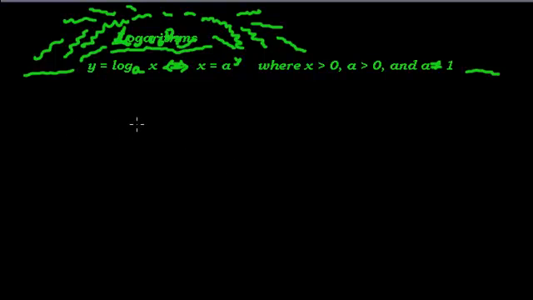We're looking at logarithms, and a logarithm is defined as y equals log base a of x, and we're going to say that it implies x equals a to the y.